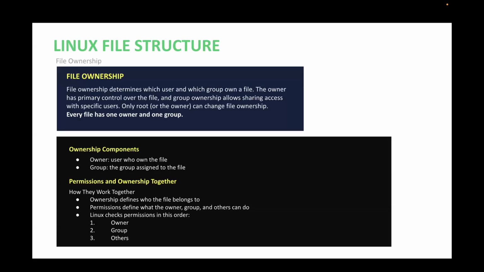But the key concept behind this really is that every file has at least one owner and at least one group. The owner is always the user who owns the file, and the group is the group that is assigned to the file.